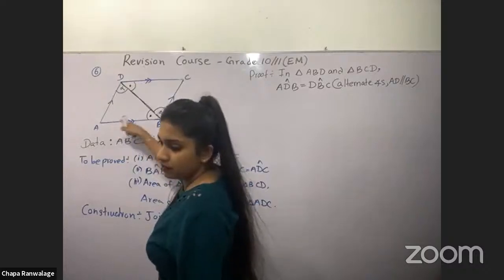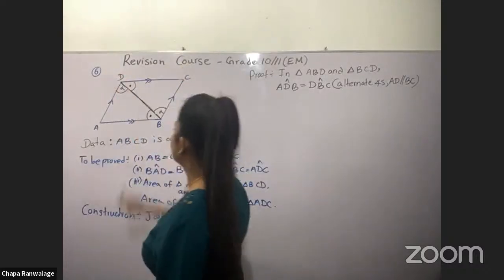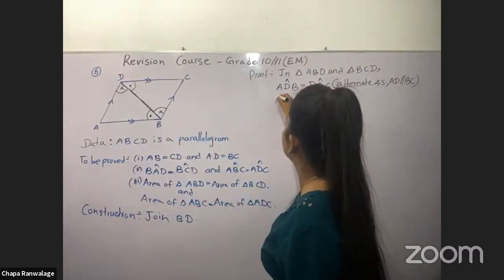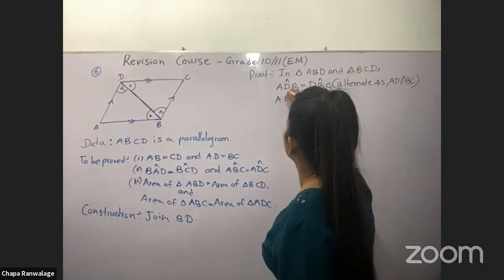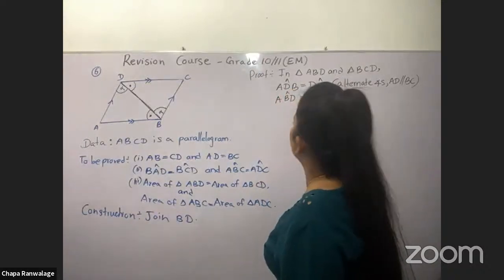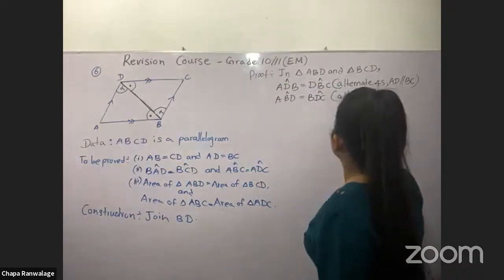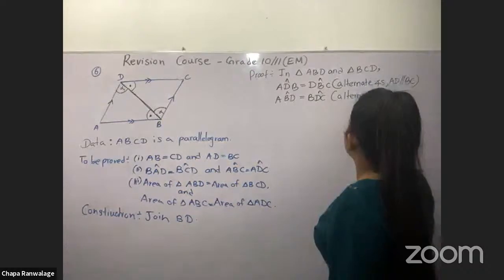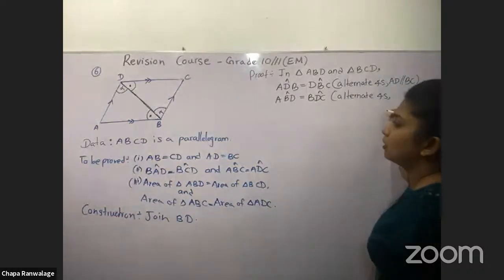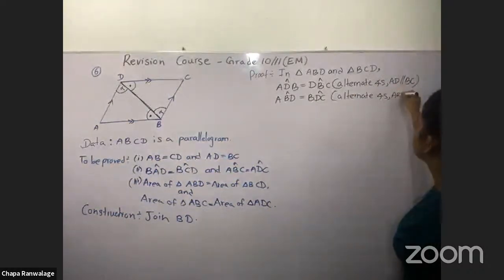Is it? Yes. ABD is equal to BDC. Alternate angles. AB is parallel to CD.